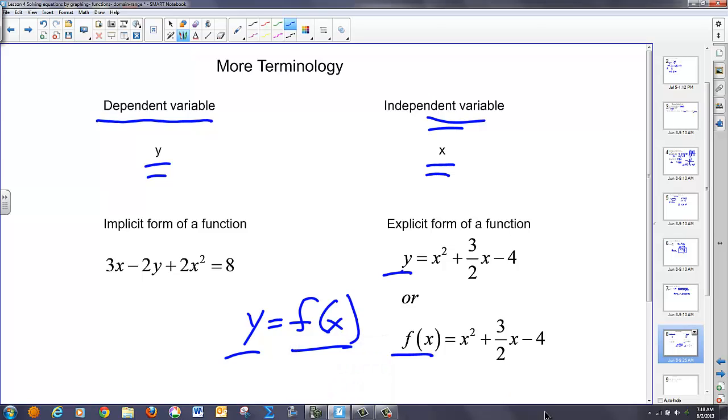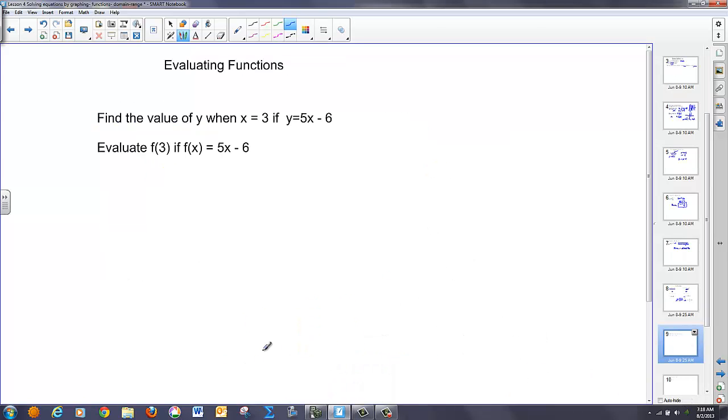All right? So if I want to evaluate some function, there are two ways that this can be written. If I want to find the value of y when x is equal to 3 and y is equal to 5x minus 6, that's as simple as making that substitution. So I've got 15 minus 6, which is 9. Not a problem.